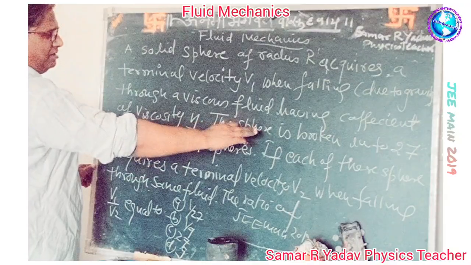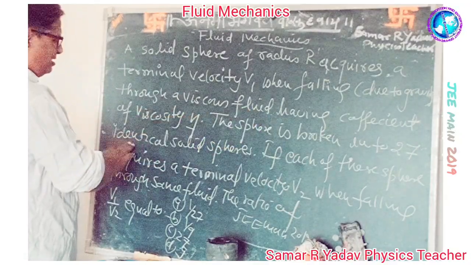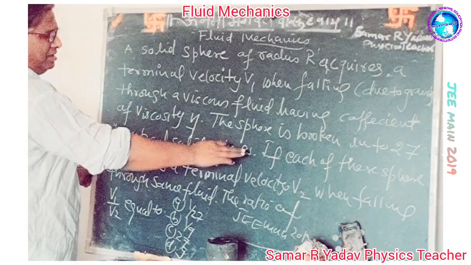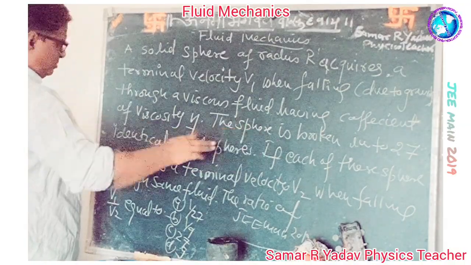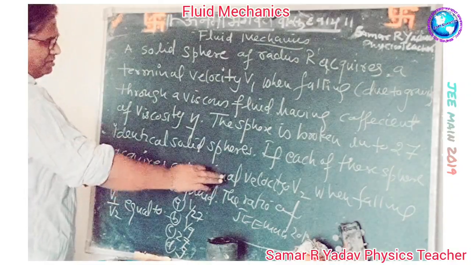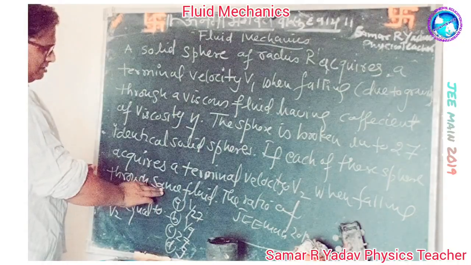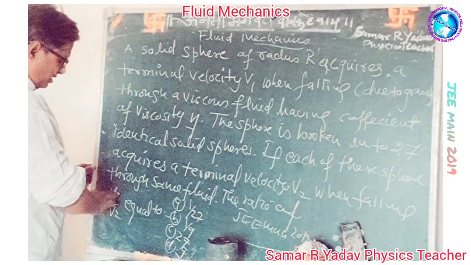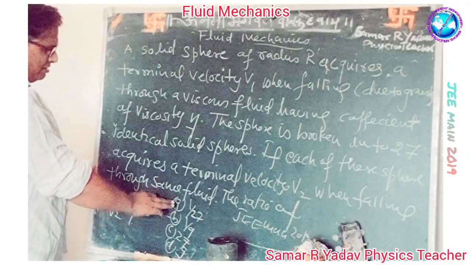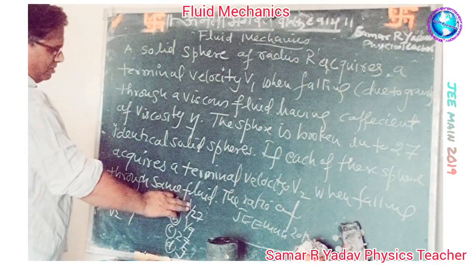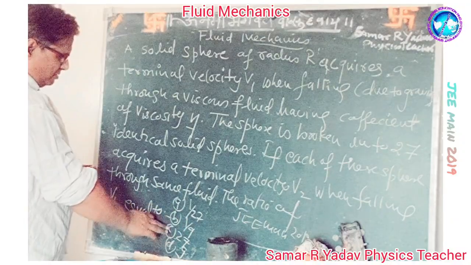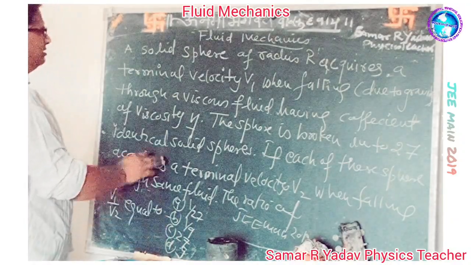The sphere is broken into 27 identical solid spheres. If each of these spheres acquires a terminal velocity v2 when falling through the same fluid, the ratio of v1 upon v2 is equal to dash. There are four options given: a 1 upon 27, b 1 upon 9, c 27 and d 9.